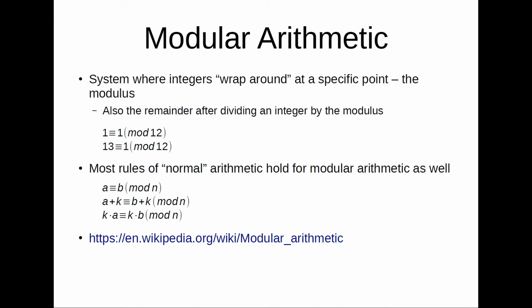In each of those cases, K can just be an arbitrary integer. And if you want some more information on modular arithmetic, you can just read the Wikipedia page. It's a fairly decent overview, but it has a lot of math, so you may have to read it over a few times.